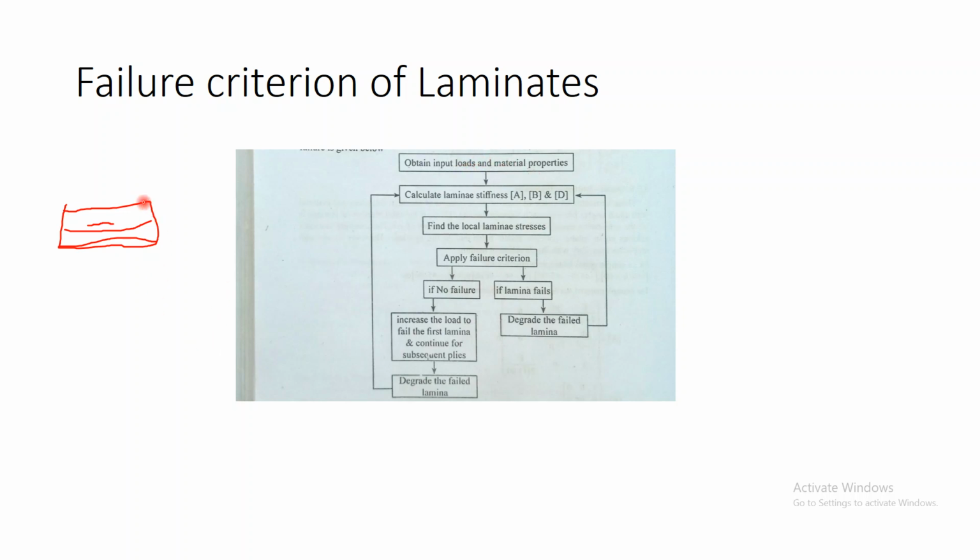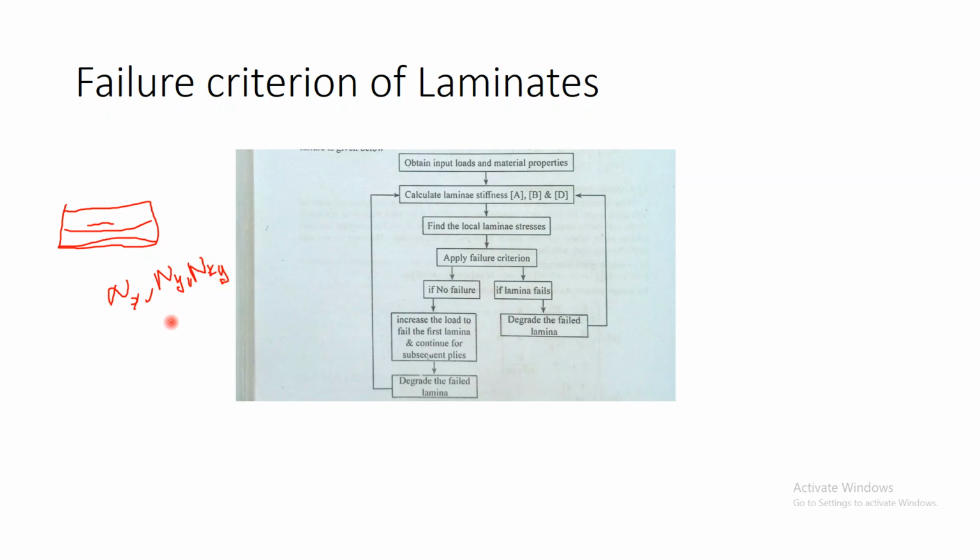Usually when we design a laminate, it has input parameters like loads and material properties. The loads can be assumed initially. The loads are nothing but the things that I said previously, that is load in x direction, y direction, and the shear force in xy.